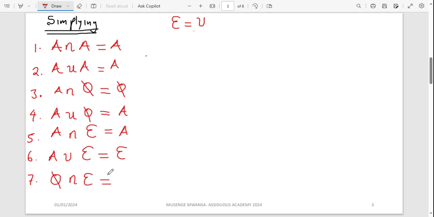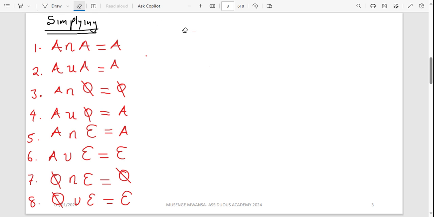What will be the answer? It will be an empty set, yes. Just know that as long as you have got empty set and intersection, it will always be empty. How about if I've got empty set, union, universal set? What is going to be the answer? Yes, the universal set. These rules here are very important.